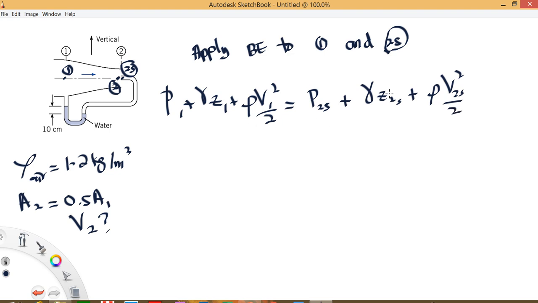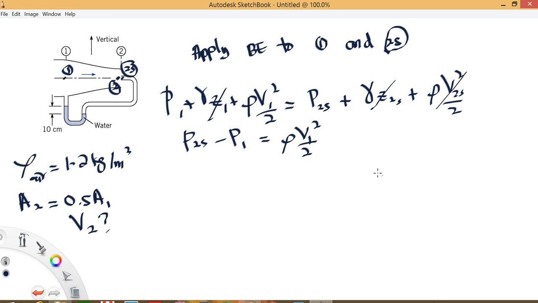Which one can I cancel? I can cancel V2s because it's the stagnation point. I can also cancel the Z because it's on the same streamline. So what I get here is P2s minus P1 equals rho V1 square over 2.